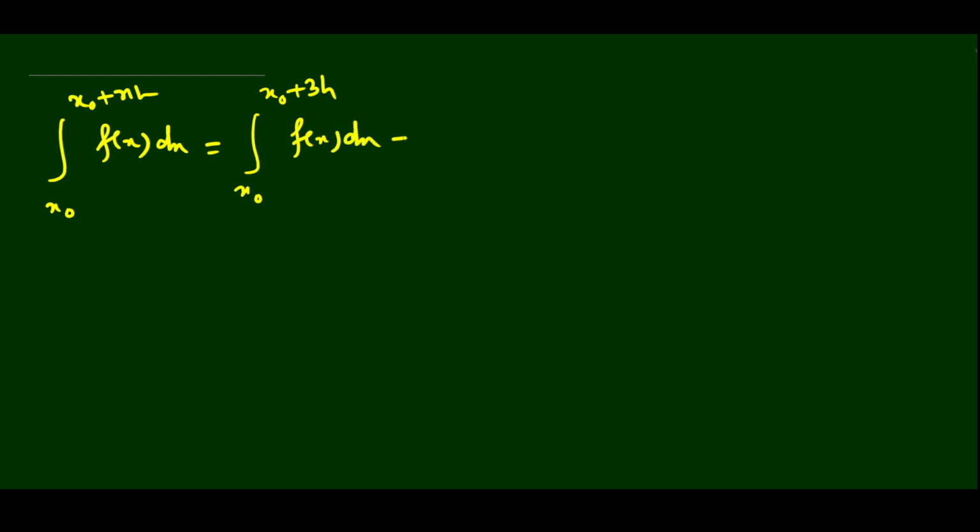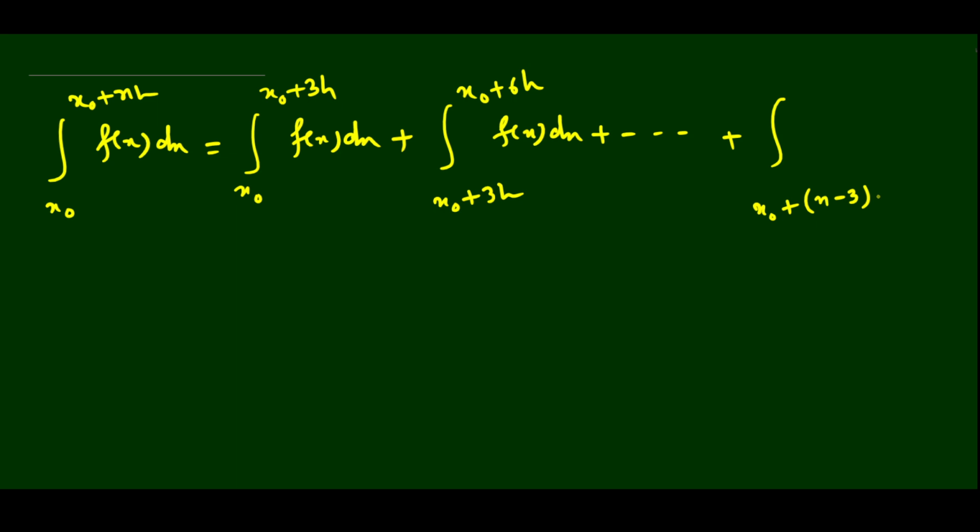Okay. So now let us find the actual integral, which is x0 to x0 plus nh f of x dx. So how much is it? The first integral is x0 to x0 plus 3h f of x dx. Next one will be x0 plus 3h to x0 plus 6h f of x dx. So in this way, our last integral will be x0 plus n minus 3h to x0 plus nh f of x dx.